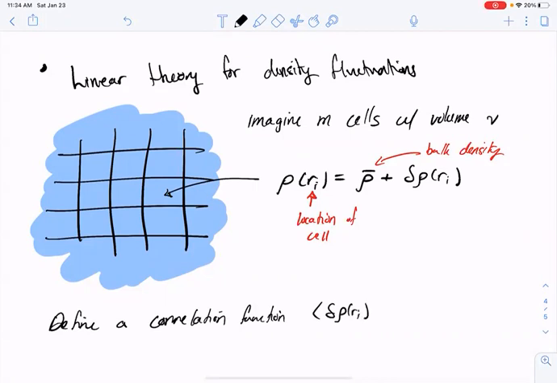Specifically, we could ask, how do the fluctuations in density at cell I depend on the fluctuations in density at cell J? And let's give that variable the name chi.